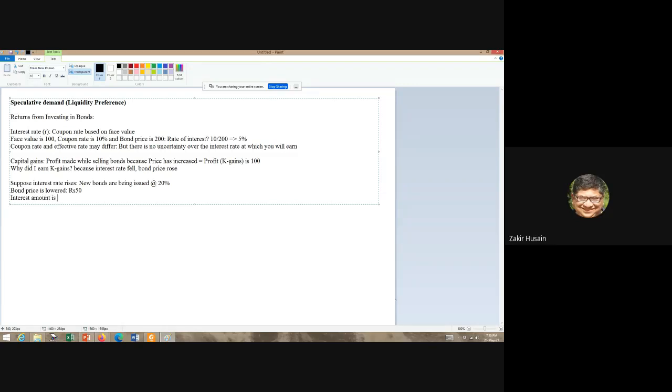So this is rupees 10. So what is the effective rate? You have purchased the bond, and you're getting an interest of 10 by investing 50. So the effective rate of interest is 20%. Okay.